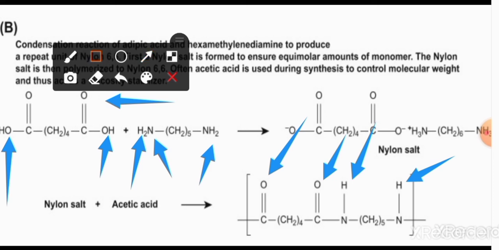You can see the CONH amide linkage is formed. Therefore, nylon 6,6 is also a polyamide fiber. But it is also a condensation polymer because an H2O molecule is removed during this polymerization process.